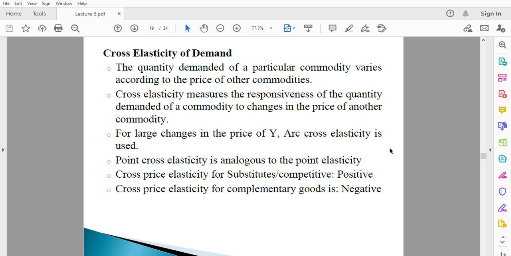So anytime you calculate cross price elasticity of demand, and you are not even told whether the commodity is a substitute or a complement, but you get a positive answer, then it tells you that the commodity is a substitute or a competitive good. The second is that if you calculate and you get a negative answer, it means that the commodity is a complement to the commodity in question.